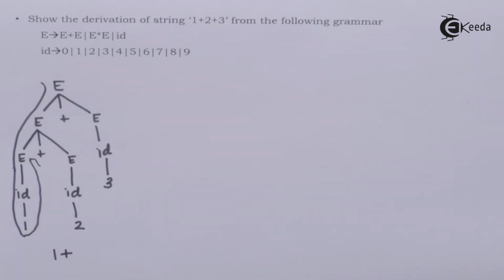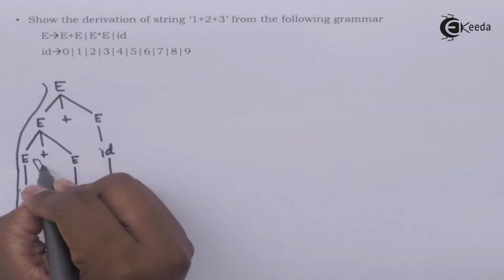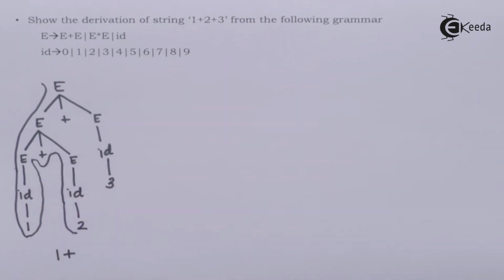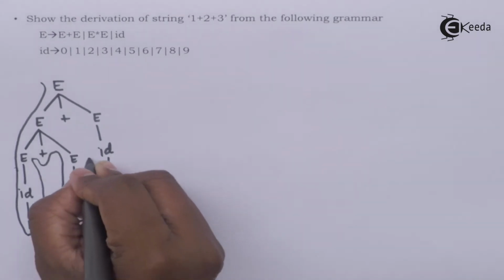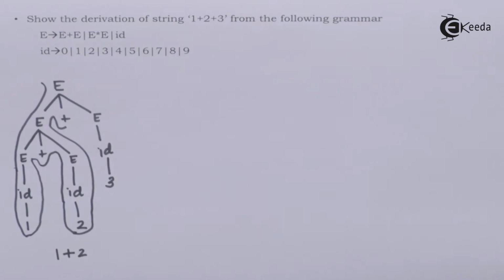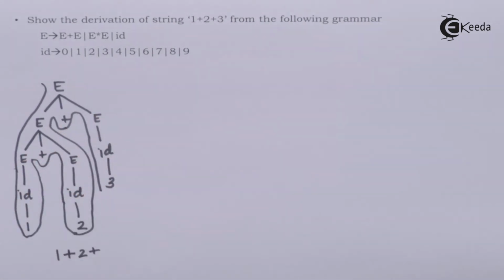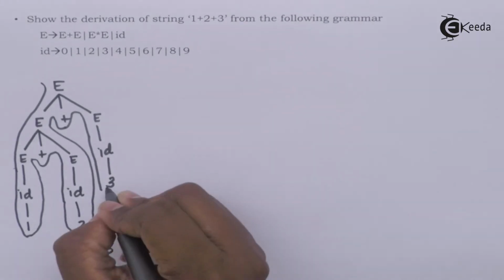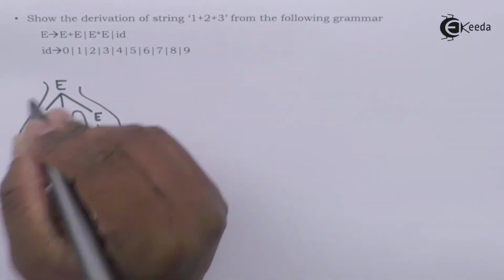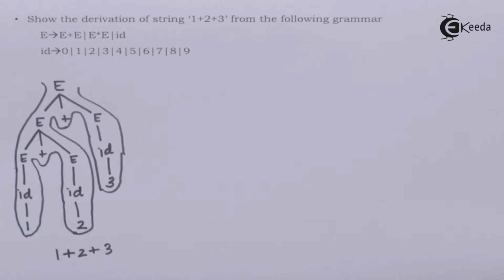Note that we are not using the non-terminals, we are only writing the terminals. We have reached 2. Again a plus symbol. Now we have reached 3. And we reach back the start symbol E.